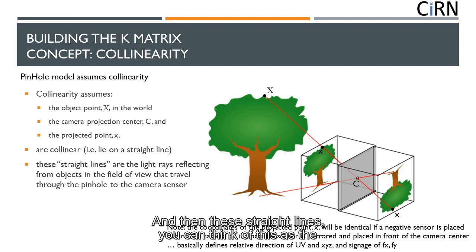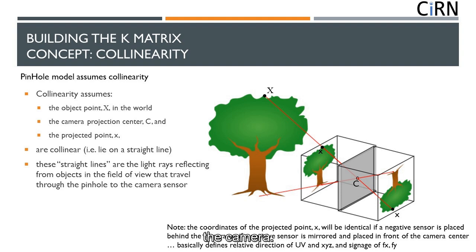And then these straight lines, you can think of this as the light rays reflecting from objects in the field of view that are traveling through the pinhole to the camera sensor. And this text down here in the bottom is just talking about the difference between what you actually get on the sensor behind the camera versus this virtual image plane in front of the camera.